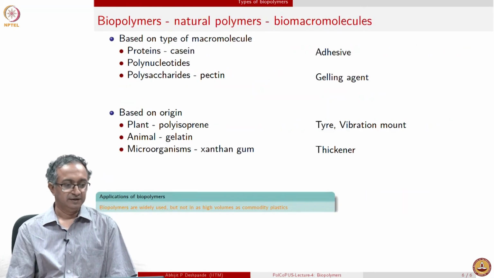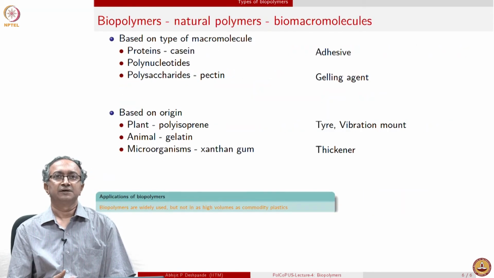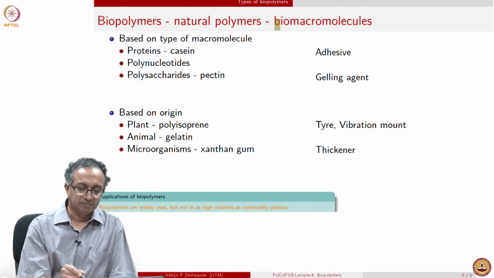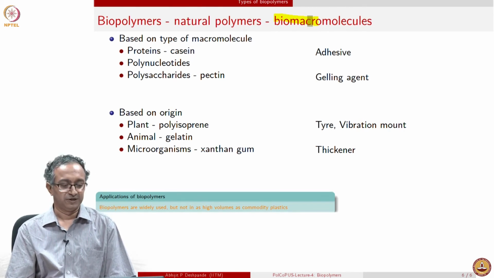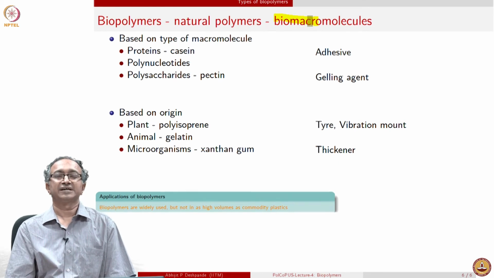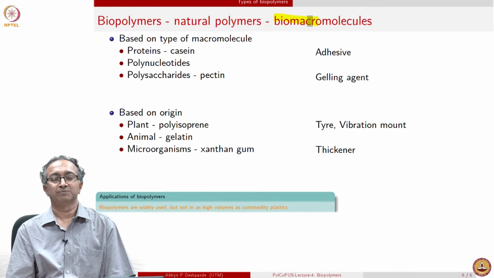So, let us continue with our journey related to biopolymers, and these are also called, by the way, biomacromolecules, given that they are present in the biological world and they are macromolecules. These are a few examples of how we talk about different types of biomacromolecules or biopolymers.